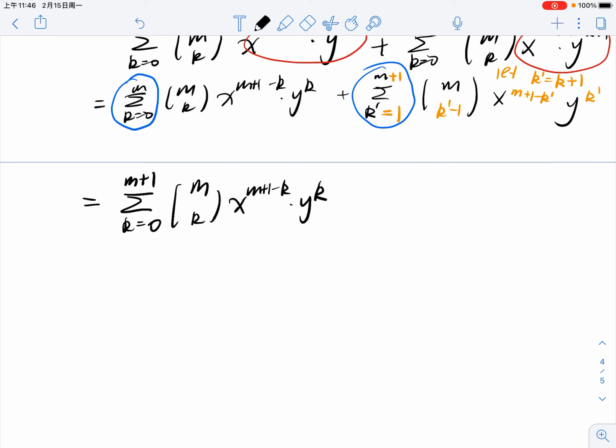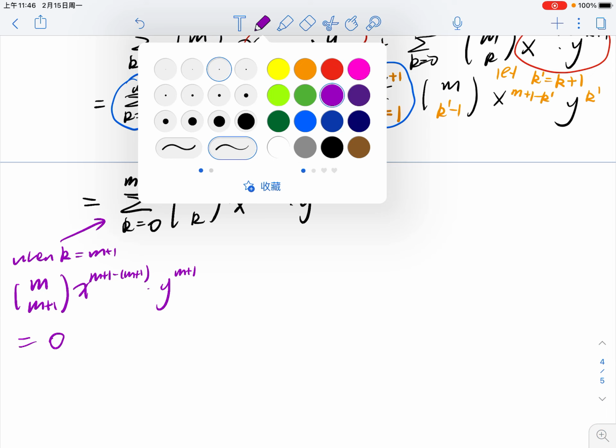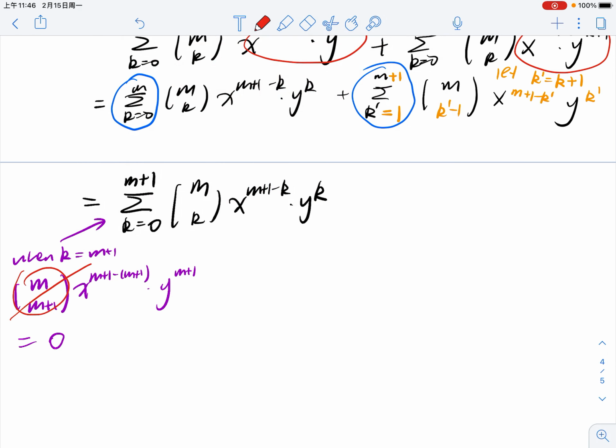The reason is that, I will first explain this. When k is m plus 1, m choose m plus 1 times x to m minus m plus 1 times y to m plus 1 is 0, because this is 0. So it doesn't affect your function when you extend the region for k from m to m plus 1.